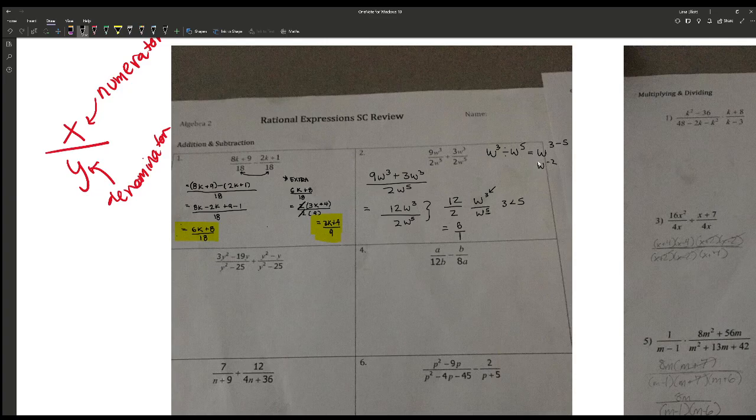Something that you're going to learn further along in math, should you continue to take it, is that a negative exponent, you don't need to remember this, just means that if this is in the numerator right now, it needs to go to the denominator. So it will become 1 over w squared.